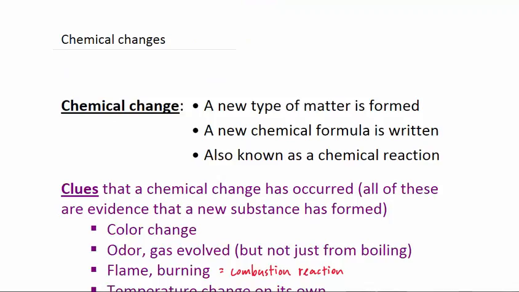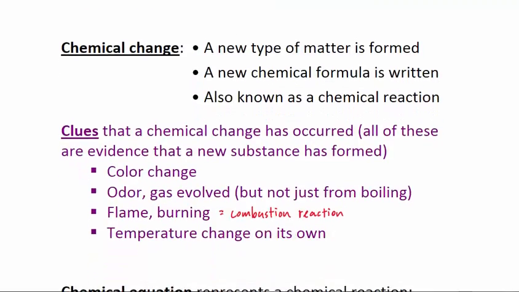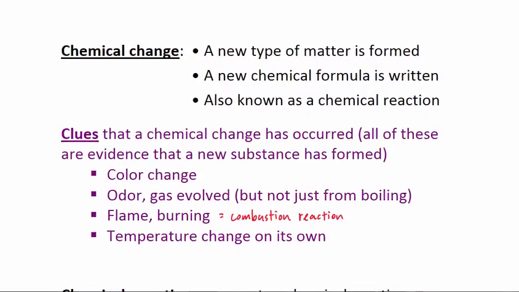Okay? But chemical changes are when we've formed a totally new type of matter. So we've rearranged the elements into different compounds, for instance, or have different chemical formulas that we can use to describe the substances. And we talked about some clues to look for when identifying whether something is a chemical change or a physical change.